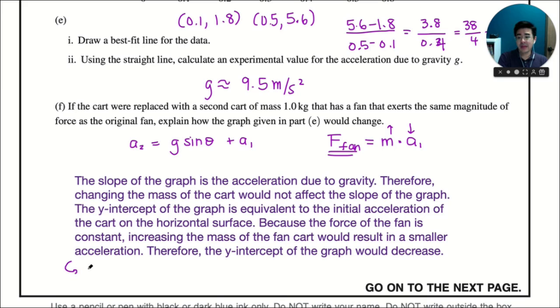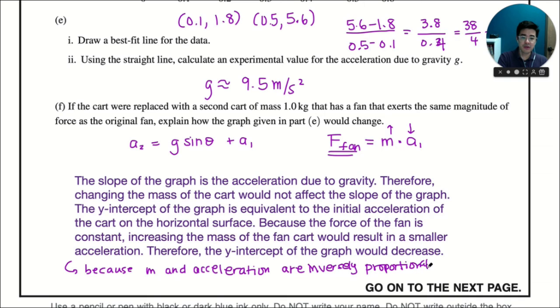I would say maybe add this because mass and acceleration are inversely proportional for a constant force. Just to throw in that fancy-dancy language. Therefore, the y-intercept of the graph would decrease.